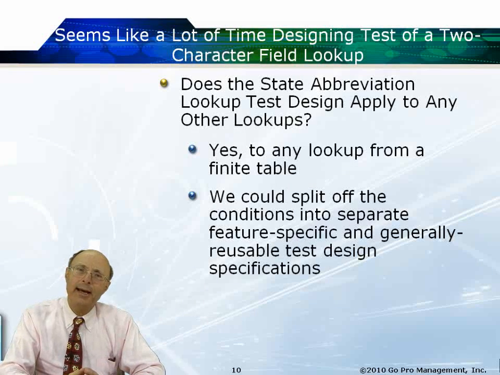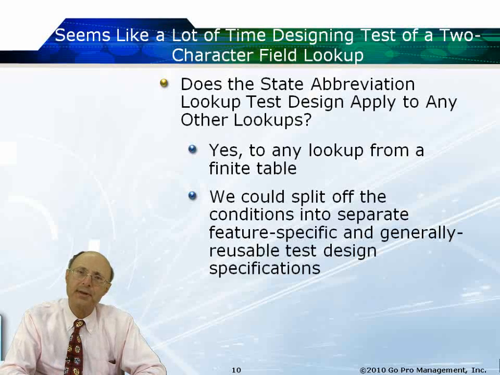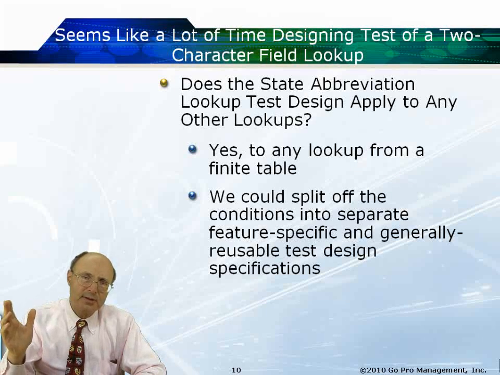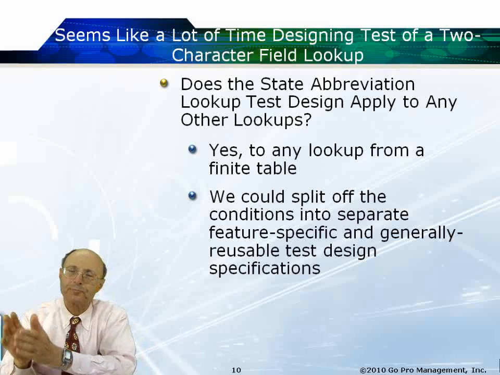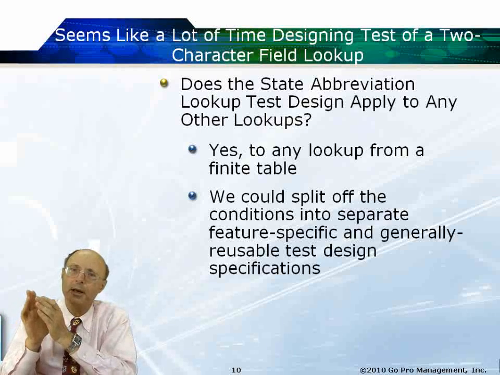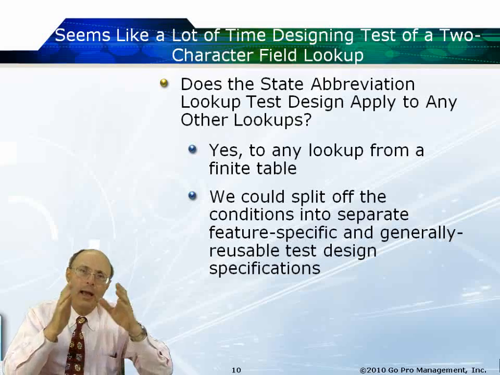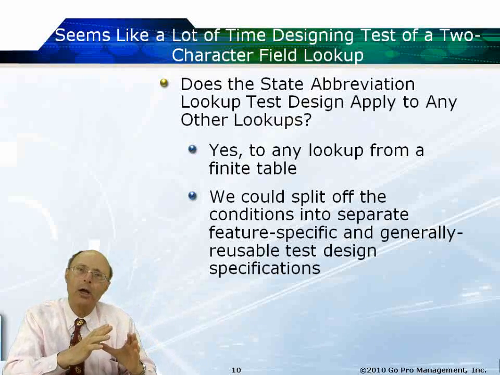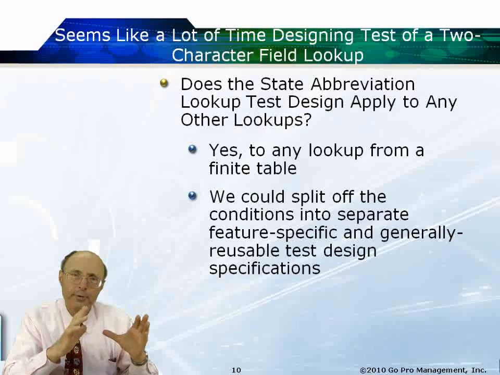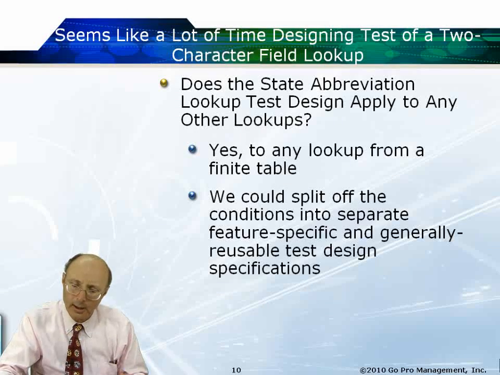In that test design specification, specific to the state abbreviations, what we're going to see is that some of those conditions may be specific to the state abbreviation lookup. Most of them are generally reusable and would pertain to any lookup.